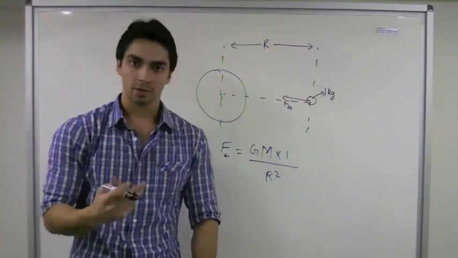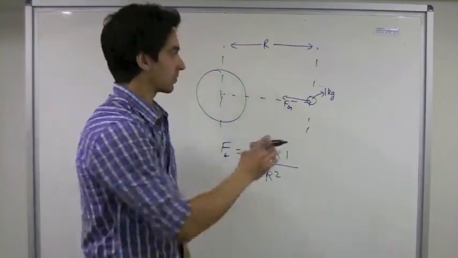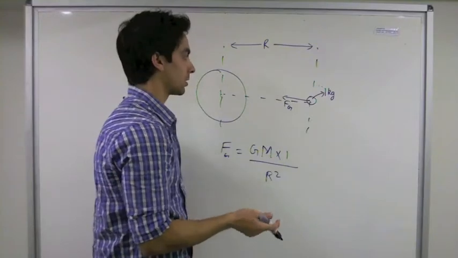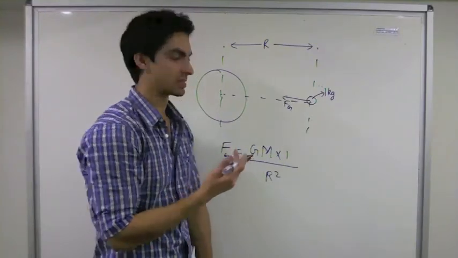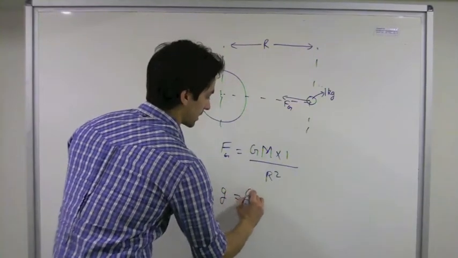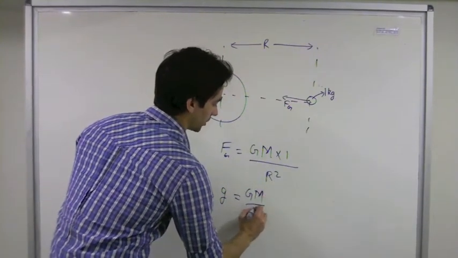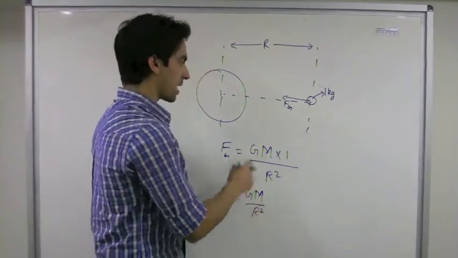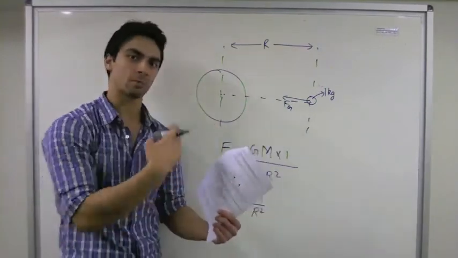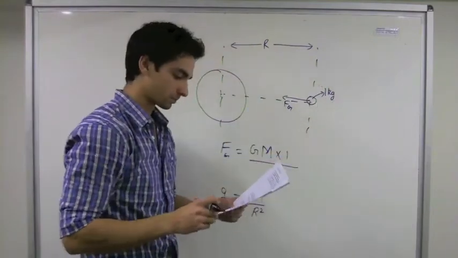So the gravitational force on a unit mass at any point in a gravitational field is called the gravitational field strength. This is denoted by small g, and it has a value of G M over R square, where M is the mass of the body in question and R is the distance between the center of that mass to that point in the field.